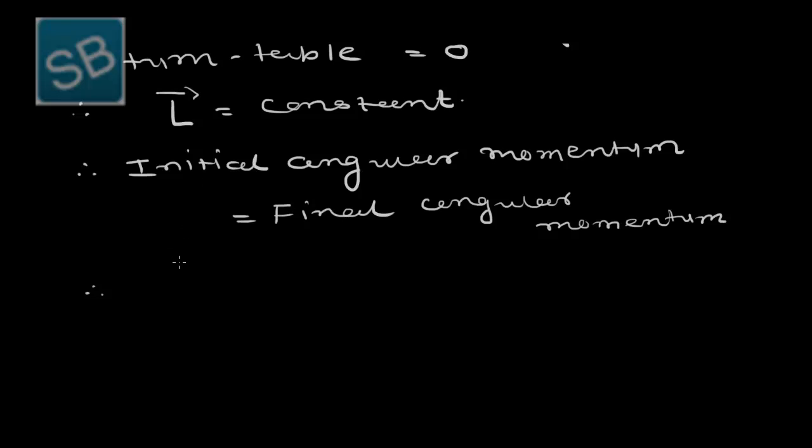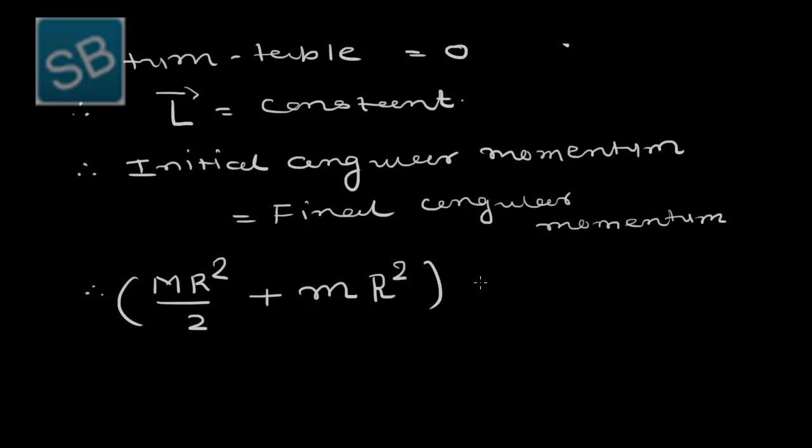The initial angular momentum of the table will be MR square by 2, plus the initial angular momentum of the man, which is with mass small m into R square, all into omega 1, equals the final angular momentum, which will be that of only the table: MR square by 2 omega 2.